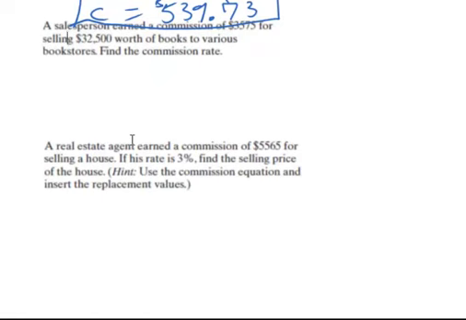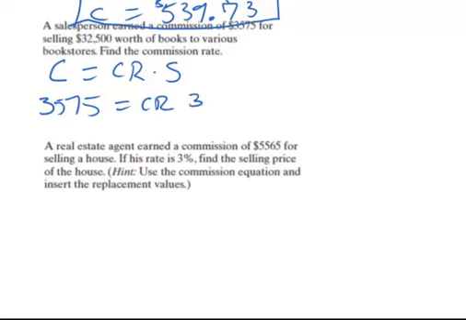So the next one here says a salesperson earned a commission of $35.75 for selling $32,500 worth of books. Find the commission rate. All right, I'm still going to use my same formula, but I don't know the commission rate. We know the commission is $35.75. We do know that they sold $32,500 worth of books.